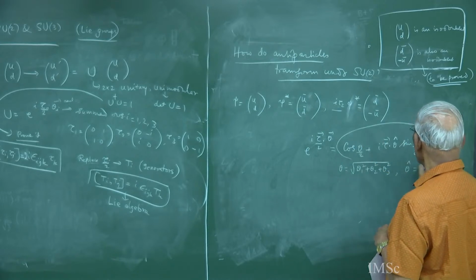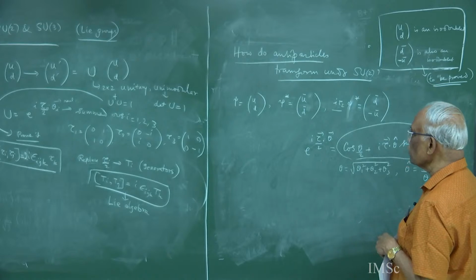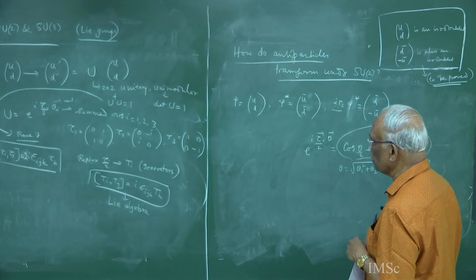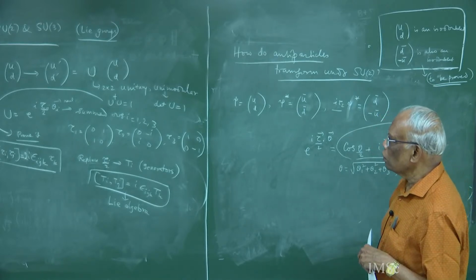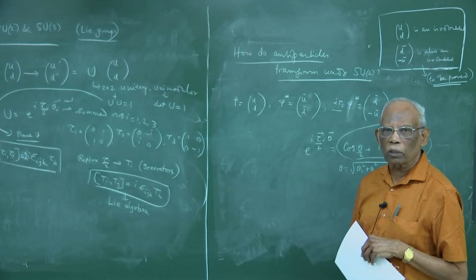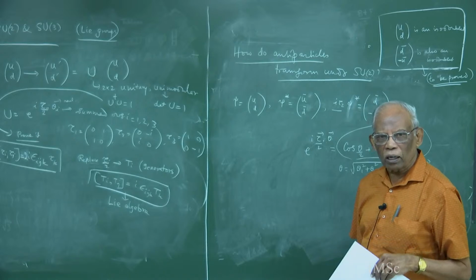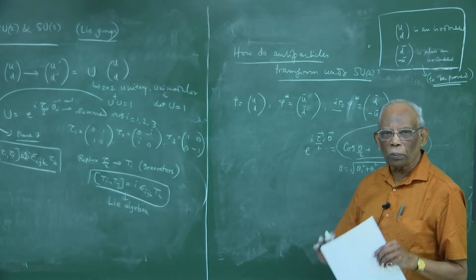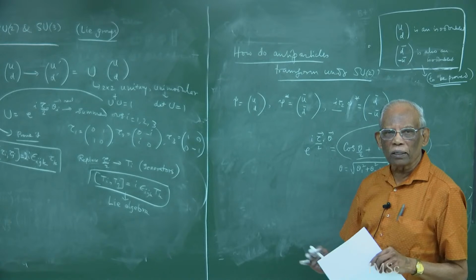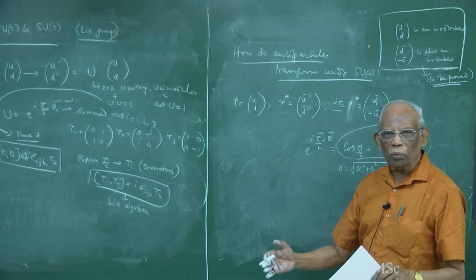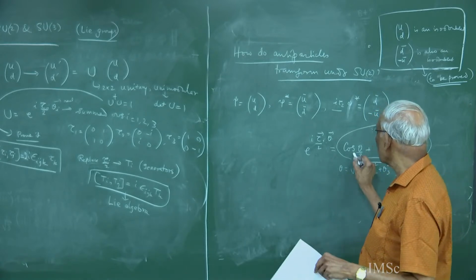Please prove this. It is a very simple proof because this is an exponential series, and remember the important property that tau 1 squared is 1, tau 2 squared is 1, tau 3 squared is 1. Because of that, you will be able to separate the whole exponential series: since tau squared is 1, all the even powers will join together to give you this cos theta by 2.